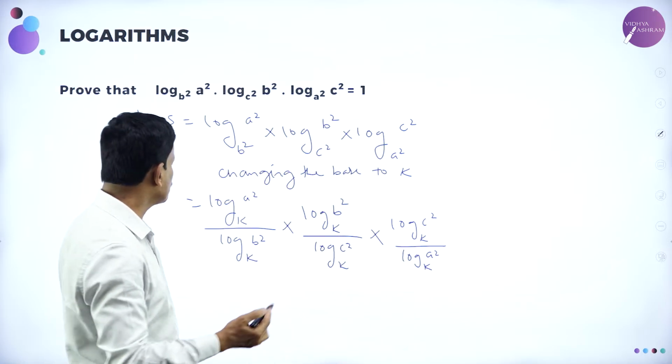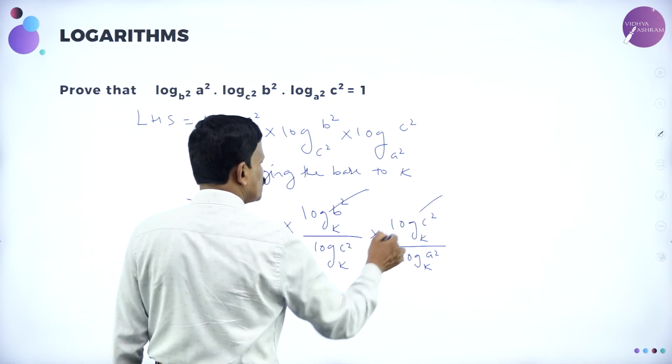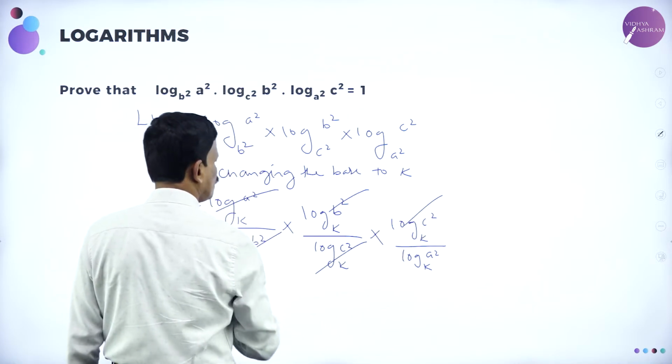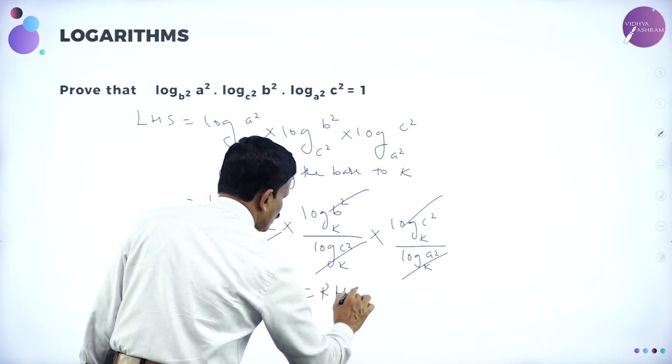Now cancel the terms which get cancelled. See, log of b square to base k gets cancelled, log of c square to base k gets cancelled, log of a square to base k gets cancelled, everything gets cancelled. That's equal to 1, which is the required RHS.